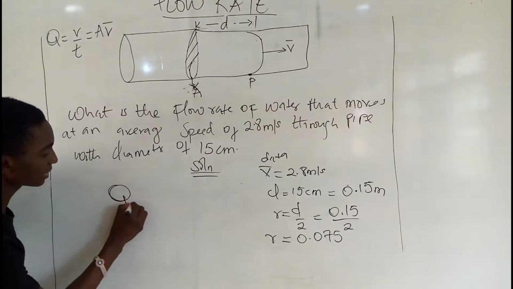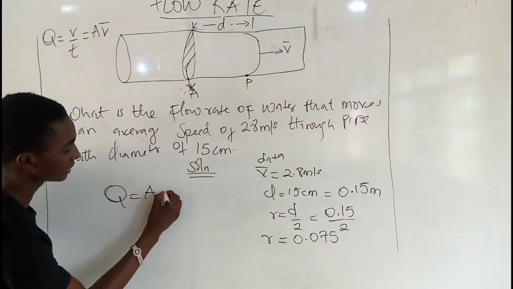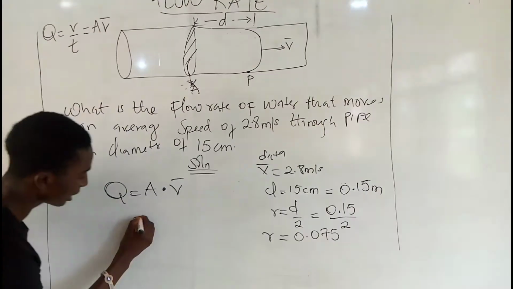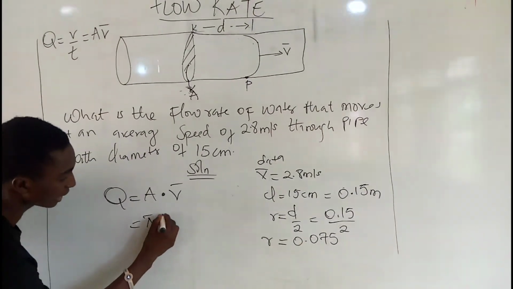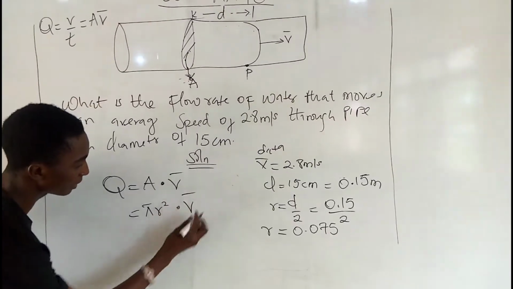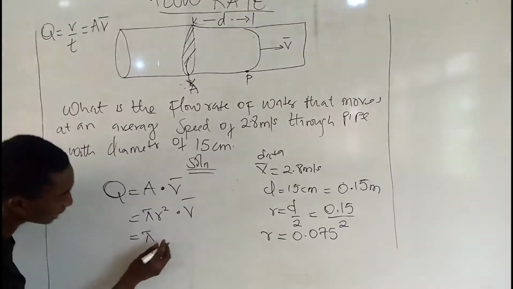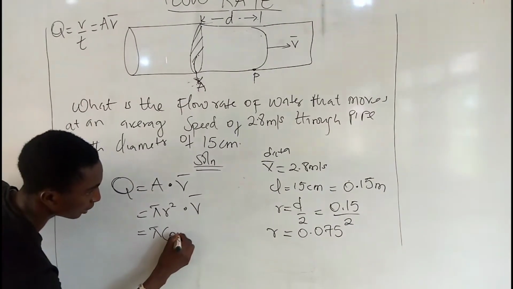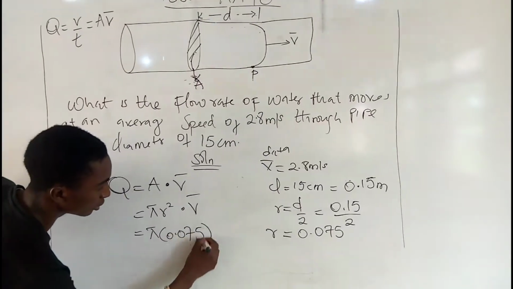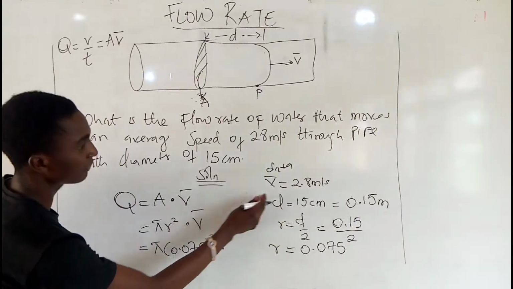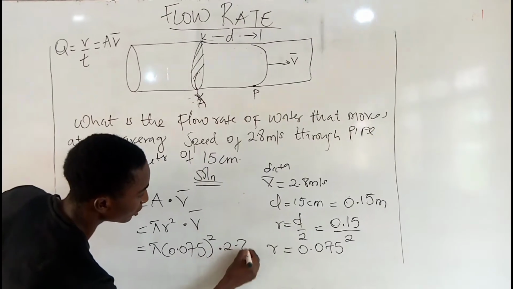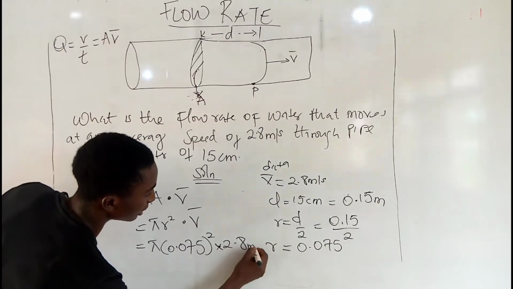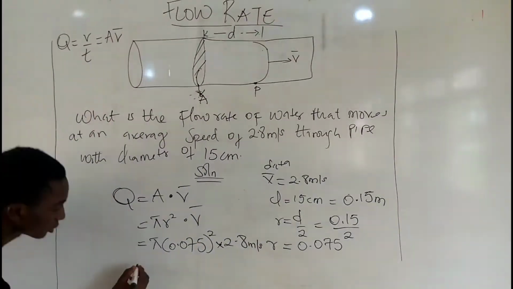Remember, the flow rate is equal to the area times the average velocity. Our area here is pi r squared times average velocity: pi times our radius 0.075 squared, and our average velocity is 2.8 meters per second.